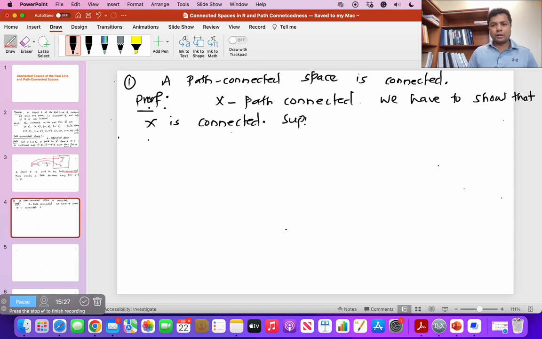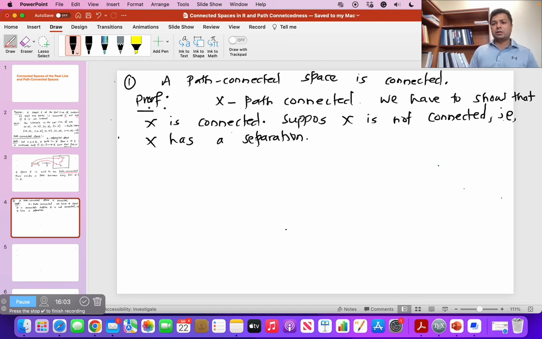Suppose X is not connected, because we want to prove X is connected. That's why we are assuming X is not connected. If X is not connected, that means X has a separation. A space X is called not connected if there exists a separation.